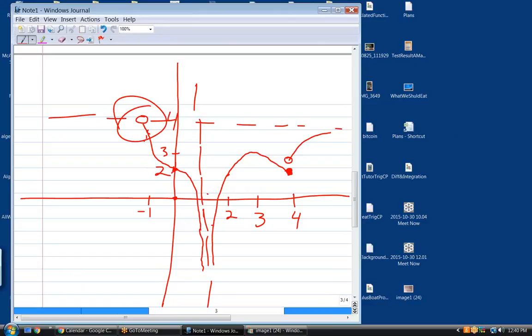And yet there is no value of f of -1 because the domain doesn't allow for it. So it has to be an open circle as opposed to a closed circle. If it was a closed circle, then the domain would go from bracket -1 to infinity.